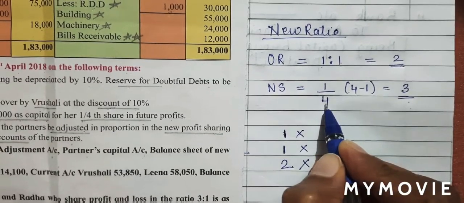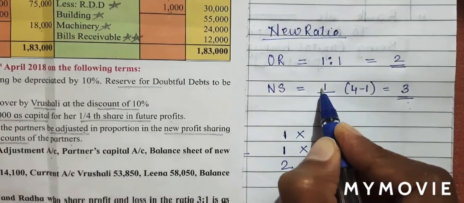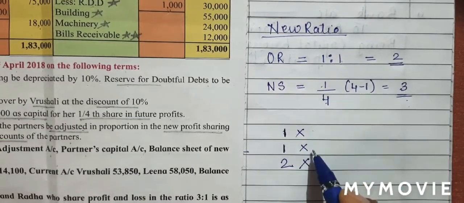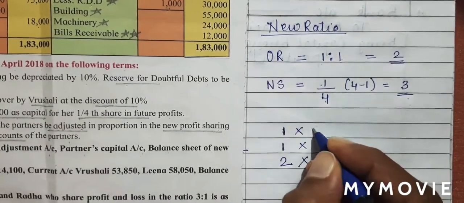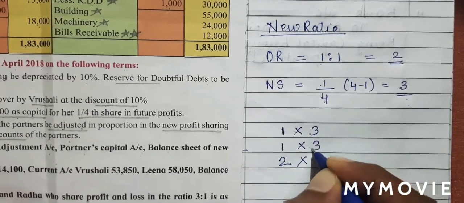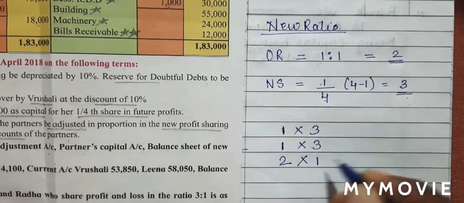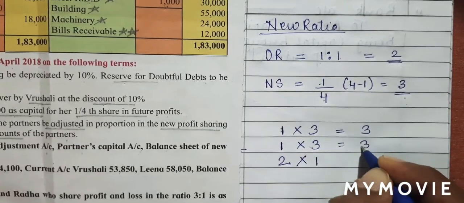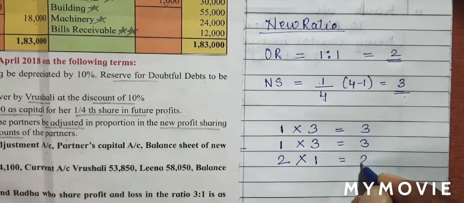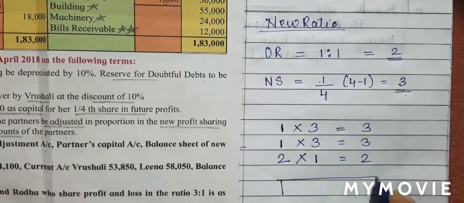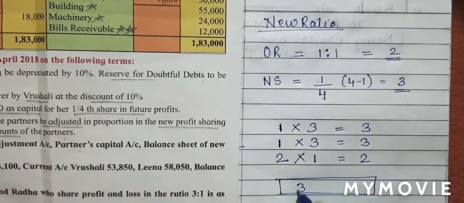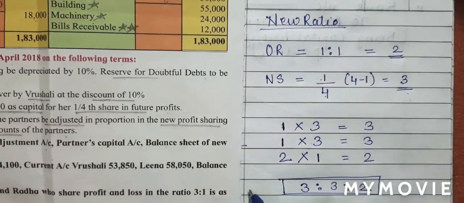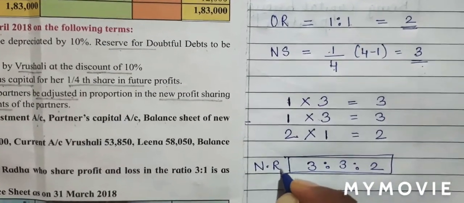Out of 4 shares, 1 share is given to the new partner, so the balance 3 shares is going to be given to the old partners. So we'll multiply 3 by 1, 3 by 1, and 3 by 2 ones are 2 in the sense, 3 ones are 3, 3 ones are 3 and 2 ones are 2, which means our new ratio is 3:2.